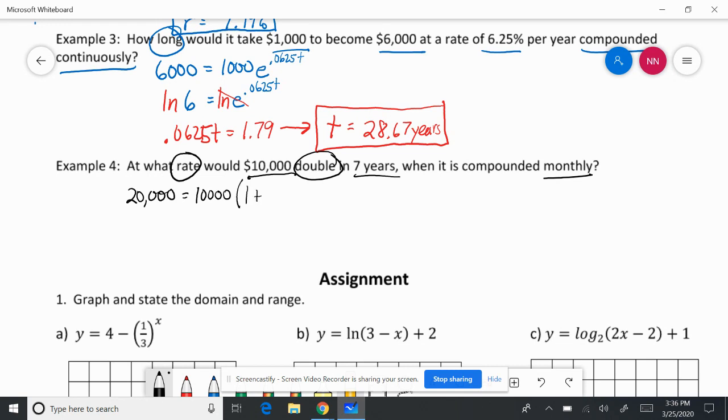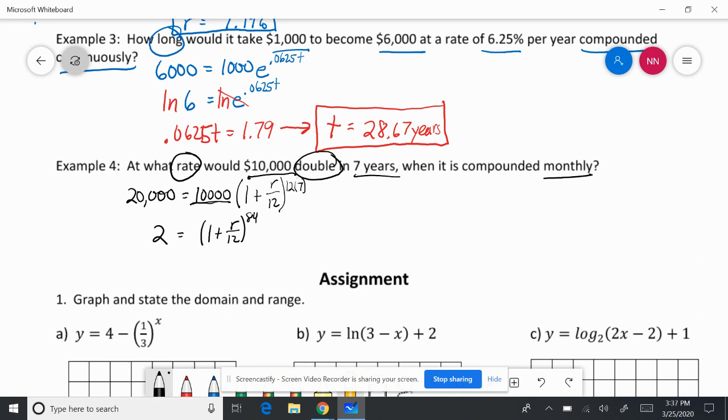We have 1 plus, our goal is to find the rate, it's compounded monthly. And remember, the n also goes as our exponent, and we're timesing it by 7. Again, we're going to divide it by our initial value, which is 10,000. So 2 equals 1 plus r over 12, to the 12 times 7, which is 84.